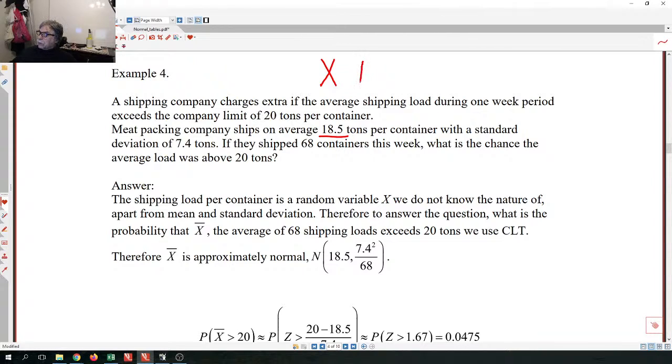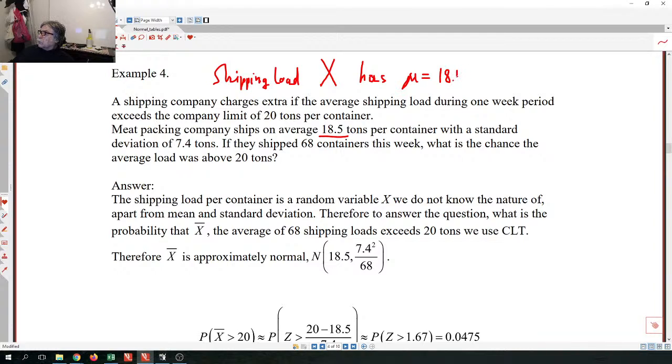So the random container shipping load has a mean, which is the expectation of the random variable, of 18.5 tons.